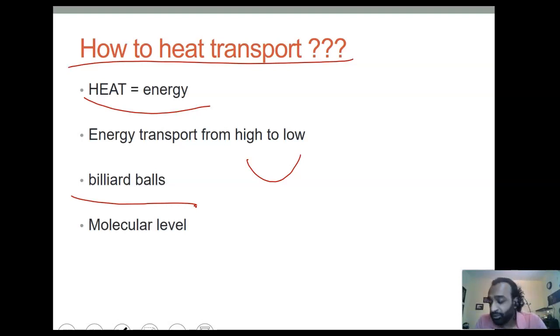On a molecular level, it's almost the same. If you heat a substance, you are heating the molecules, and imagine those are little spheres, and they keep moving faster and faster, and they hit each other. Once they hit each other, they transport the energy from one molecule to the other. Does that make sense? I hope so. So let's look and see if I did that.